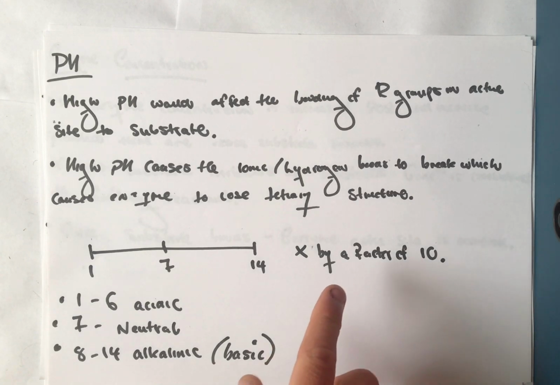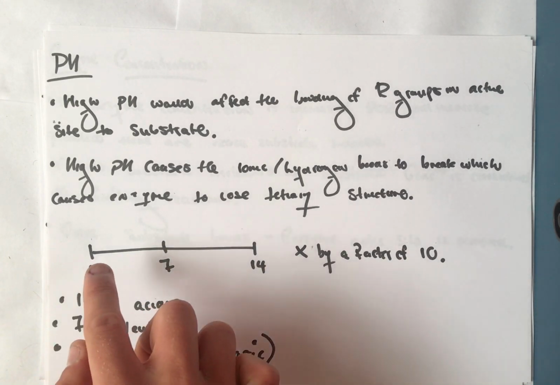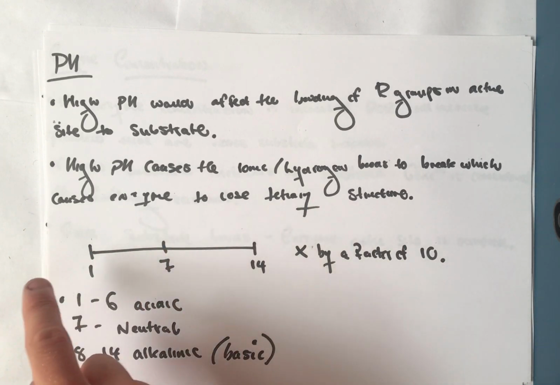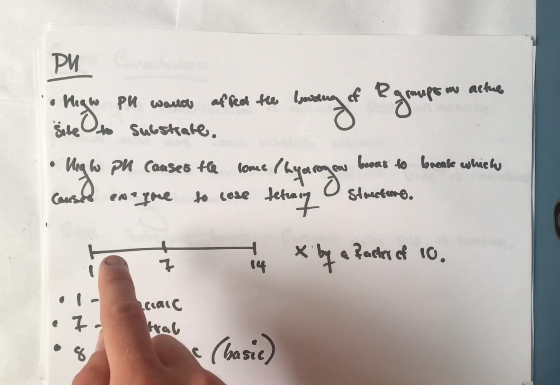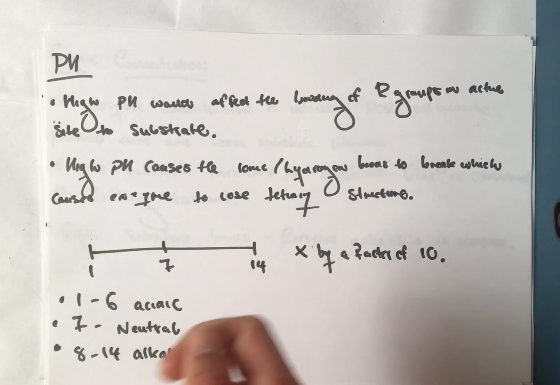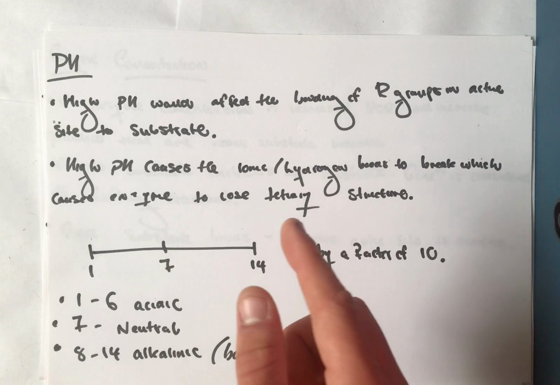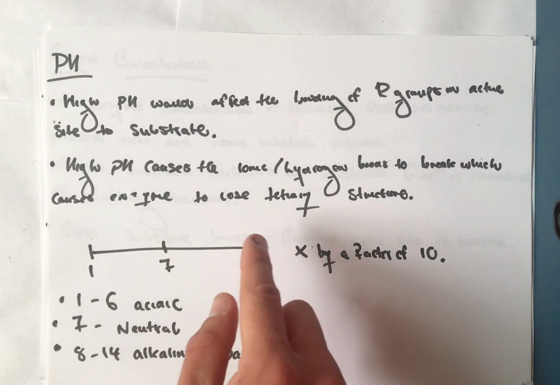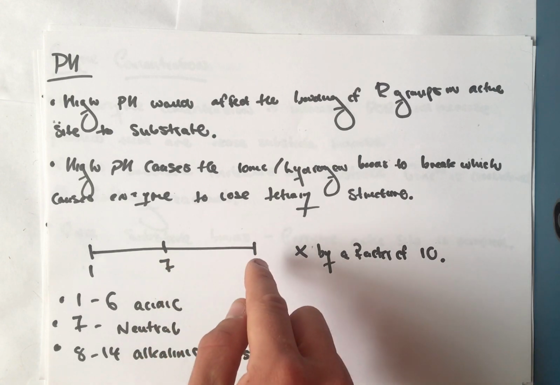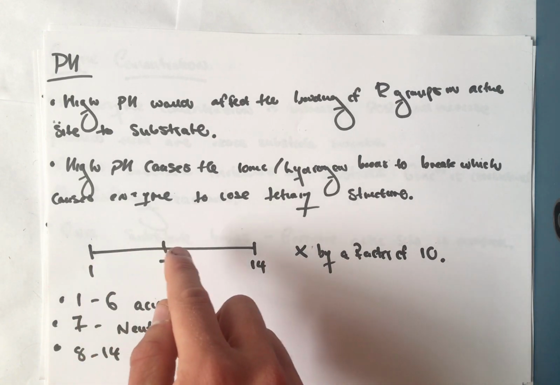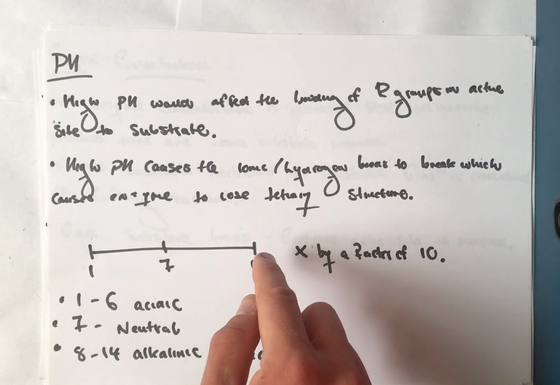Another thing to note is that when you move by a factor of 1 on the pH scale, so when you go from 2 to 1, the concentration of H plus ions, the acidity, increases by a factor of 10. This is just the opposite for the basic side. As you decrease, you get more acidic, and as you increase, you get more alkaline.